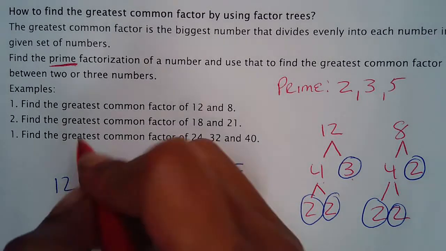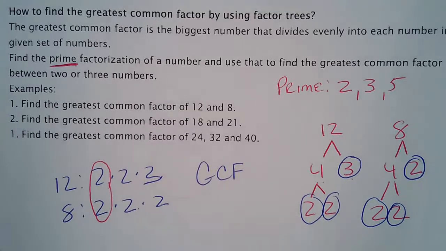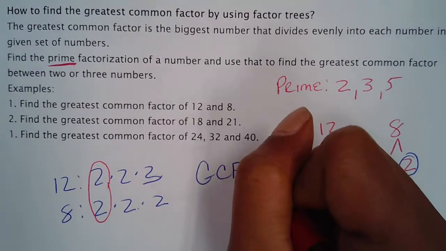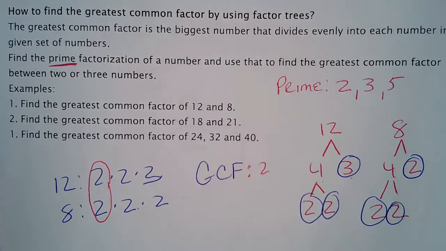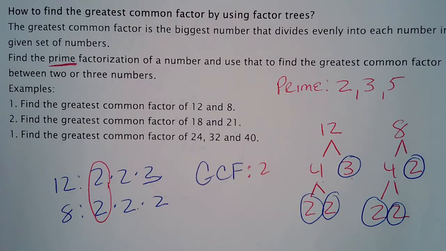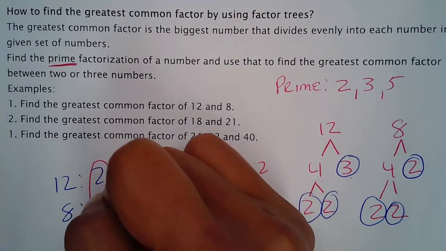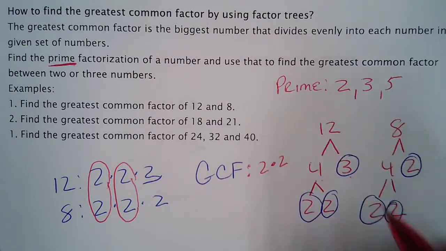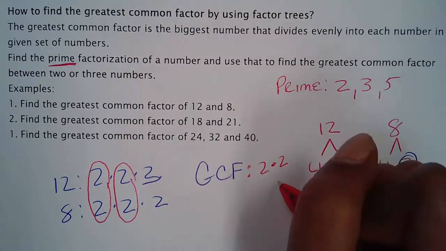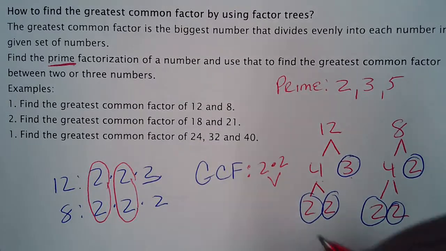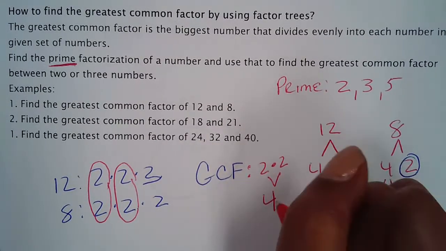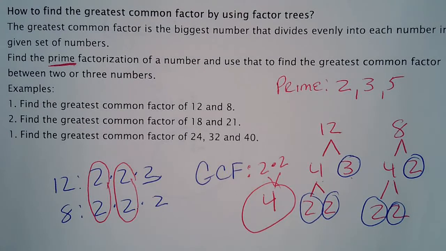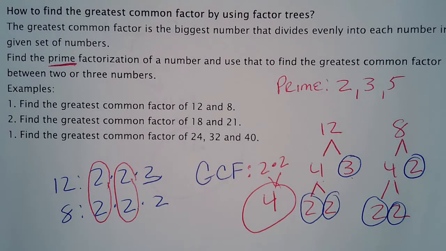They have a set of 2's in common, so I'm going to pull out one. All right. Then they also have another set of 2's in common, so I'm going to pull out another 2, and then you multiply them to get the final answer for your GCF. So in this case, my GCF is 4.